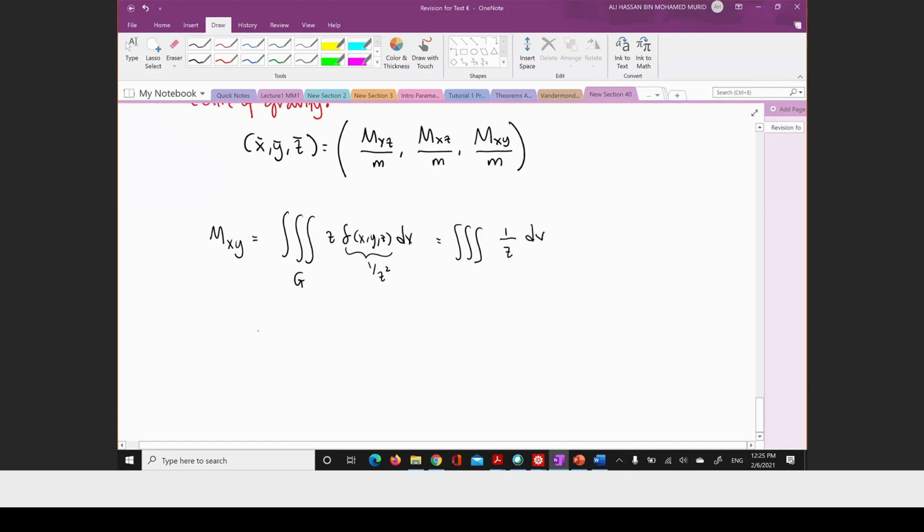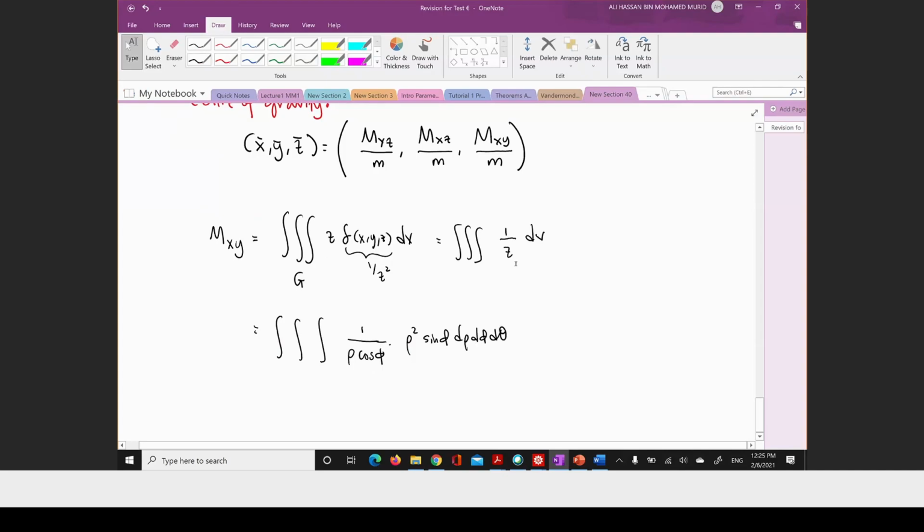Okay, so now we use the spherical coordinates. What is z? Z is rho cosine phi, and dv is rho squared sine phi d rho d phi d theta.